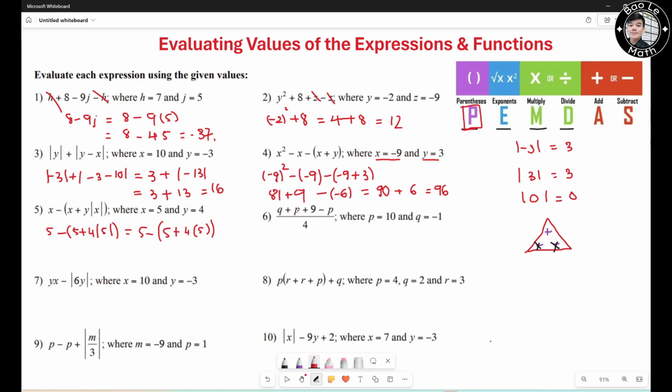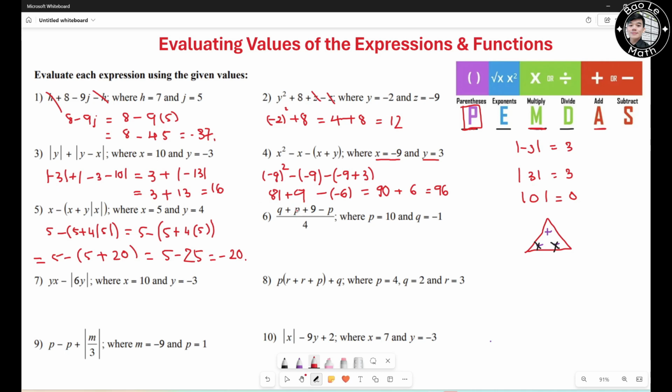Inside the parentheses we have multiplication and addition, so multiplication goes first and addition later. 4 times 5 equals 20. Then inside the parentheses, 5 plus 20 is 25. So 5 minus 25 is negative 20. Now question number 6.